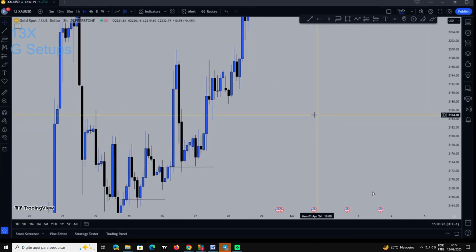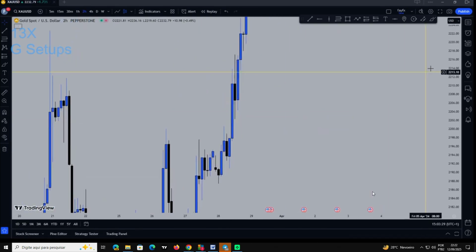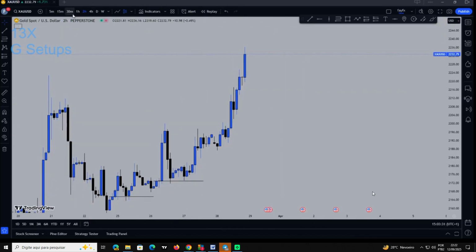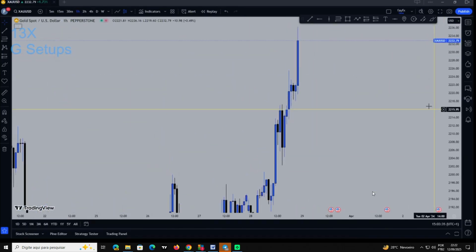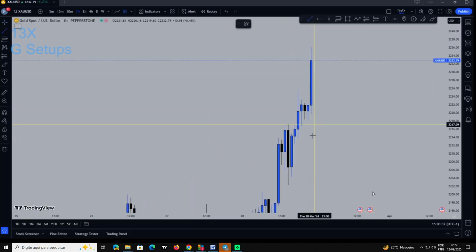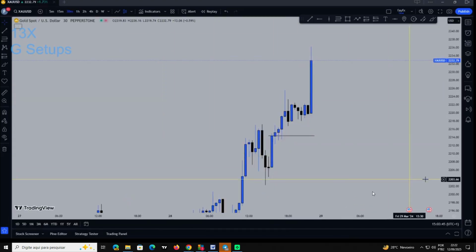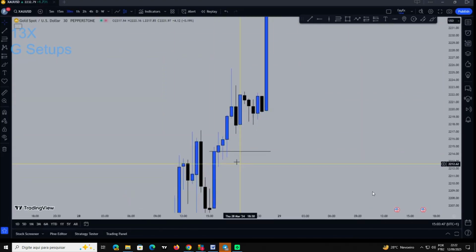Let's find more examples. Let's go to 1 hour. This is the trade I took. We have an H1 gap. When we go one time frame lower, we find a gap CC. It's a very good trade.